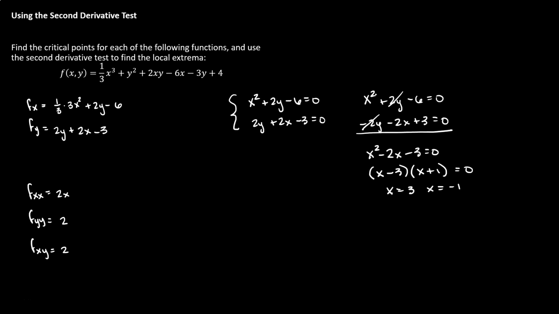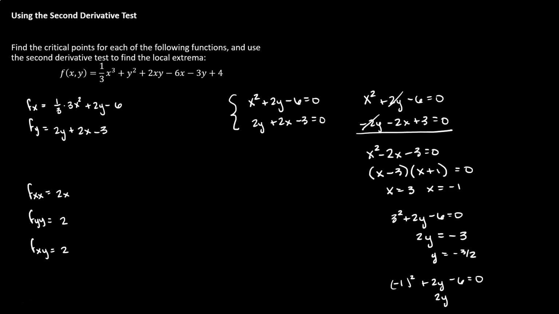We need to plug each one back into our system to find the corresponding y values. So if we use the first equation, we'll see 3 squared plus 2y minus 6 equals 0. That would say 2y equals -3, or y equals -3/2. And we can plug -1 in. We get (-1) squared plus 2y minus 6 equals 0.